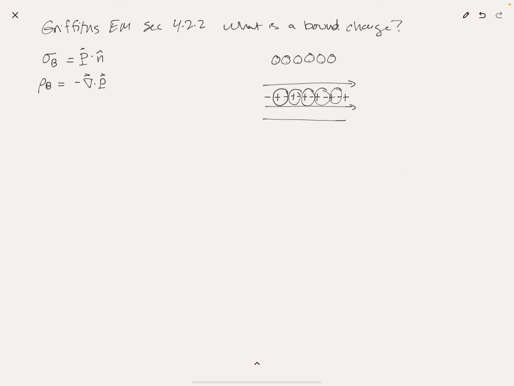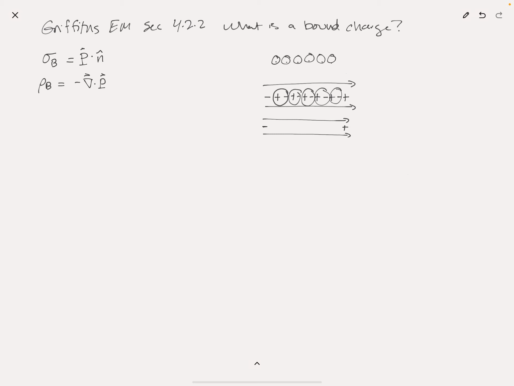So I can think about that grouping leading to just rogue or unpaired charges that exist at different parts of the surface. Okay. So hopefully you can appreciate the fact that charges will go on the surface.